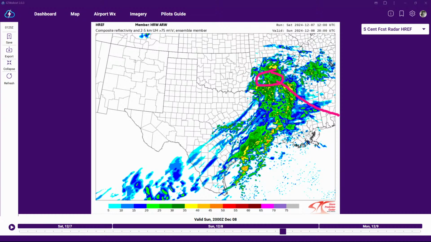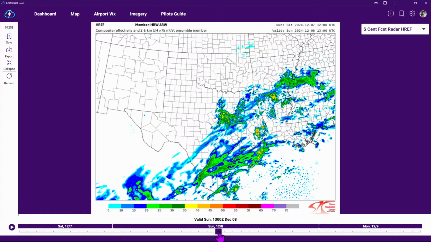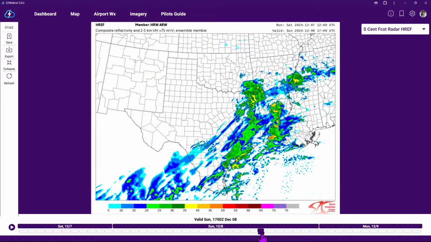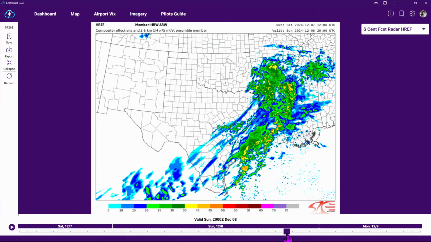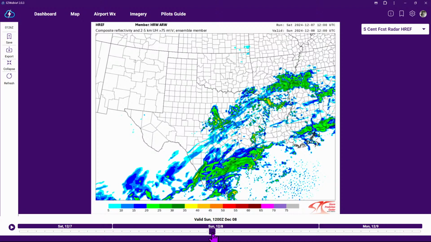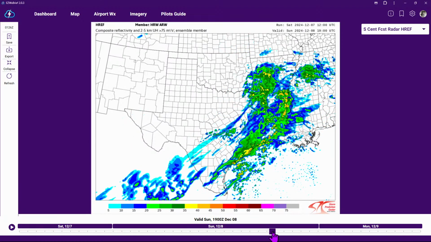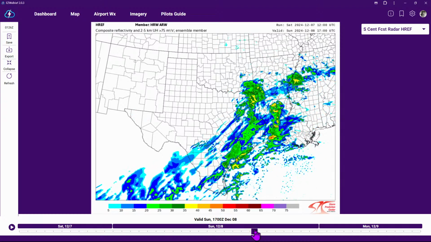We're starting to see these forecast radar returns again be pretty significant, which tells us that over time we expect that weather to start to become worse. So we're going to see the intensity of the system start to take shape by the time we get to early afternoon hours and moving in.